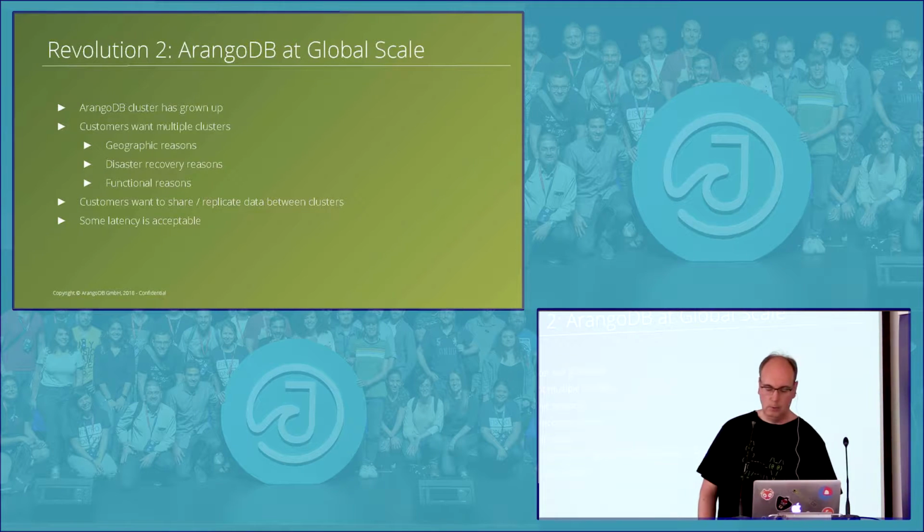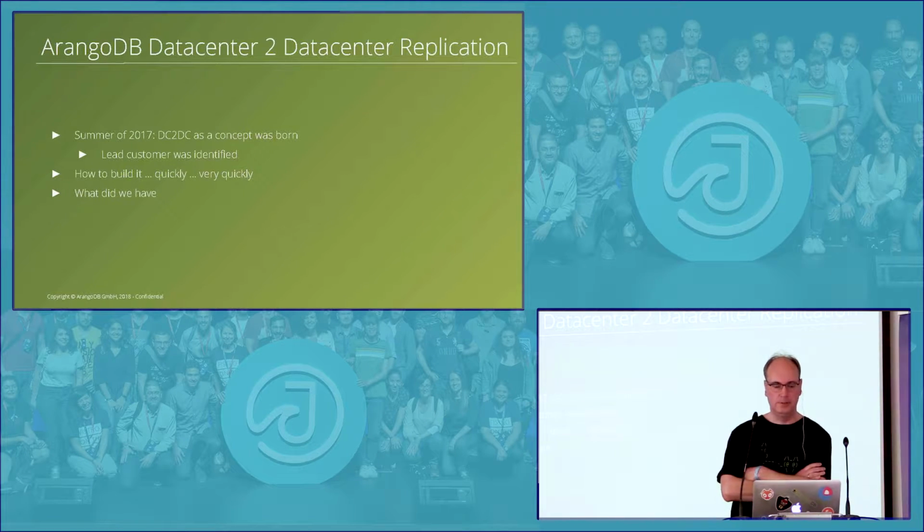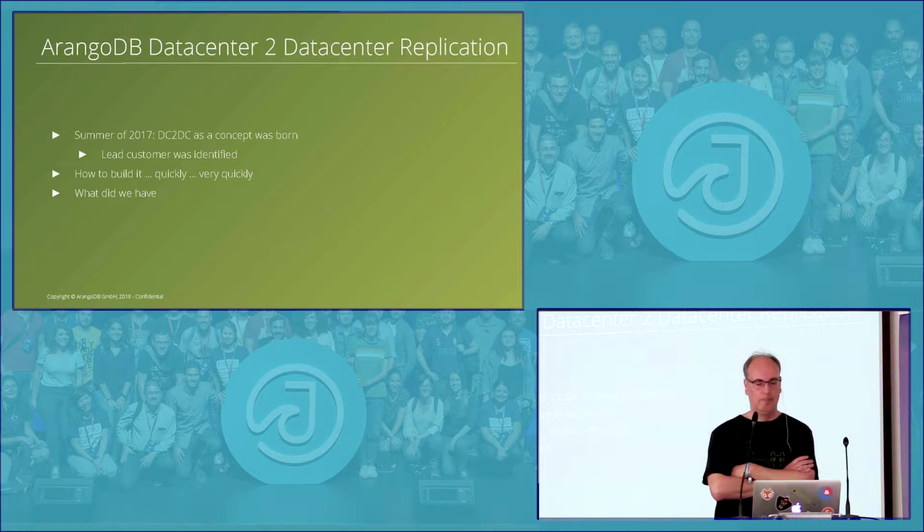So that was a very good thing. So what we did is we came up with the concept of data center to data center replication. That concept was born in the summer of 2017, and we quickly identified a lead customer to help us develop that feature.